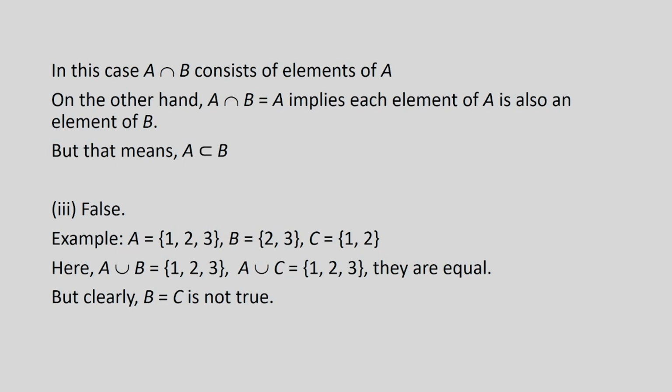So, if we take one to be a subset of the other and we take the intersection, the set becomes the subset. On the other hand, A intersection B is equal to A implies that each element of A is also an element of B. Okay.